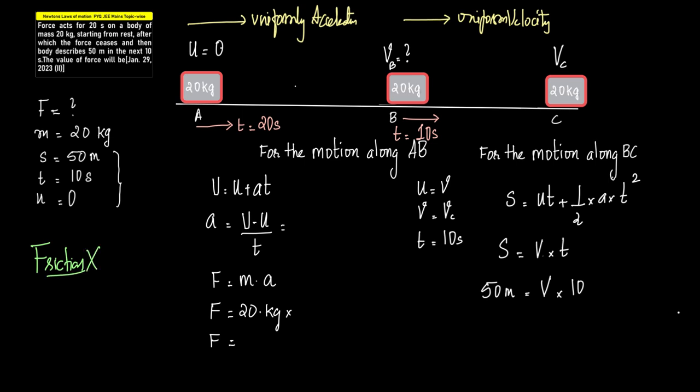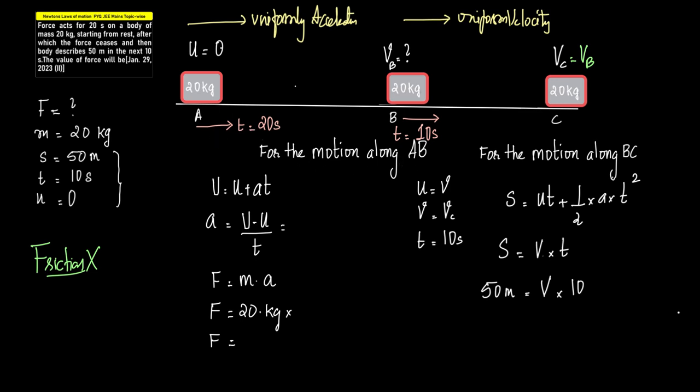So in the absence of friction, a body will continue in the state of uniform motion unless invoked by an external force. There is no external force acting and the velocity is vb, so it will keep traveling with the same velocity, which means vc is equal to vb. It was u, gradually the velocity increases to vb, force is no longer acting, therefore the velocity stays constant. So the first part is only for 20 seconds.